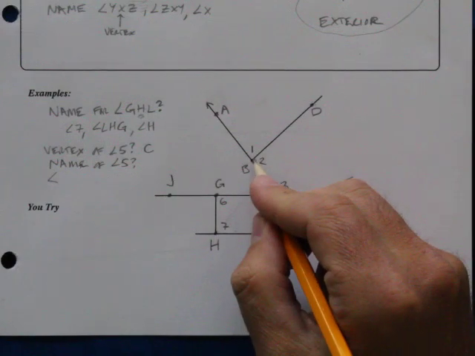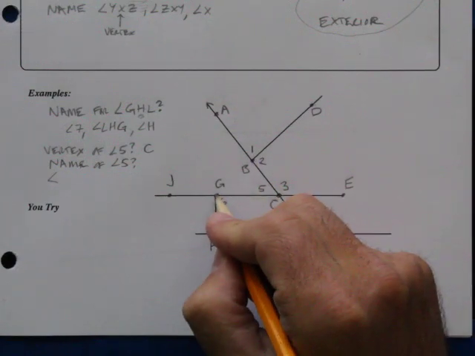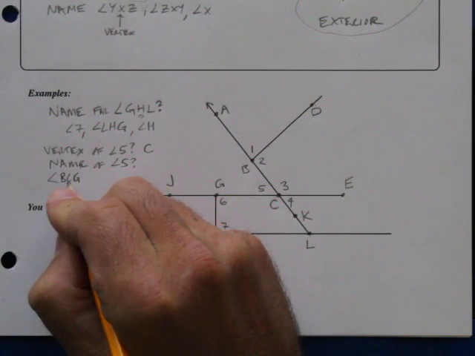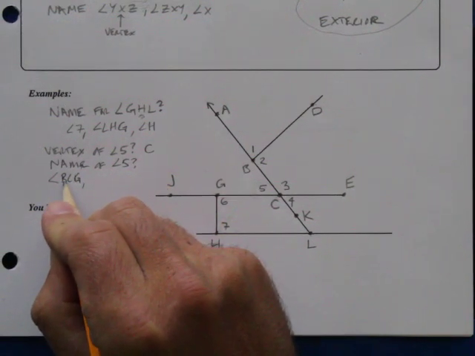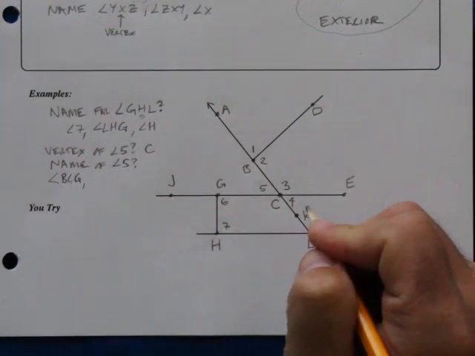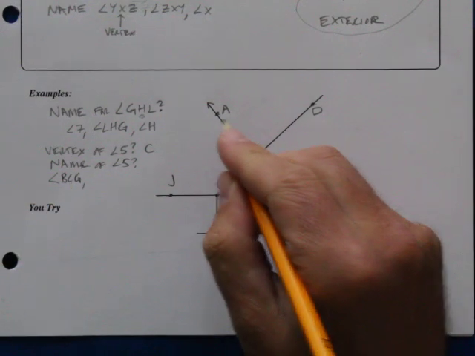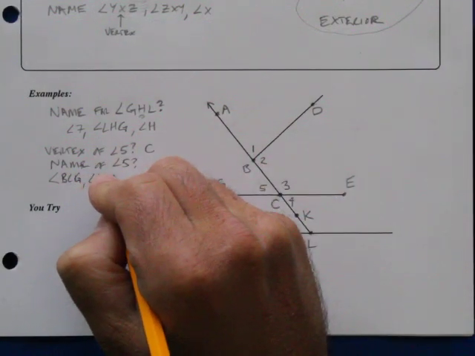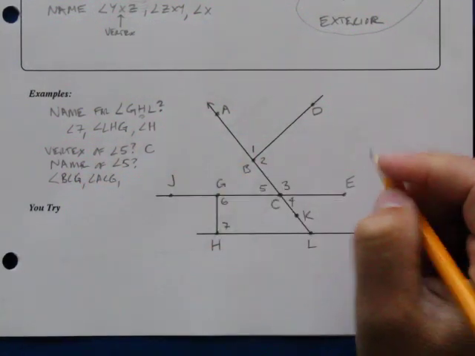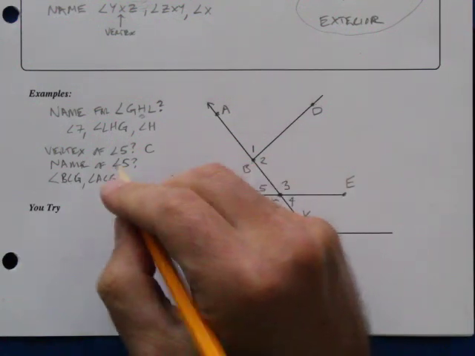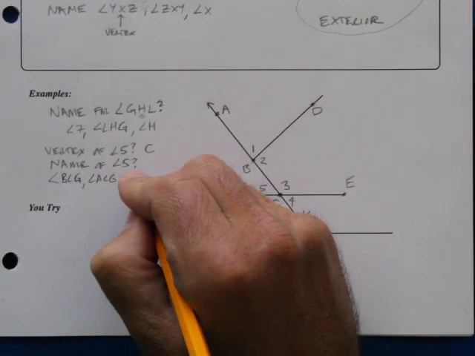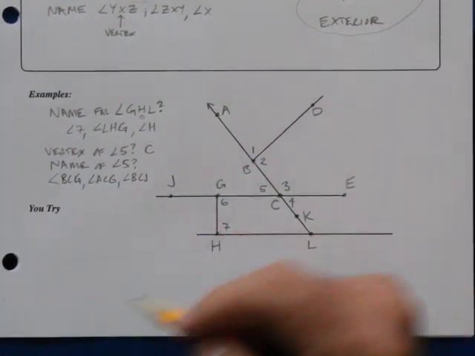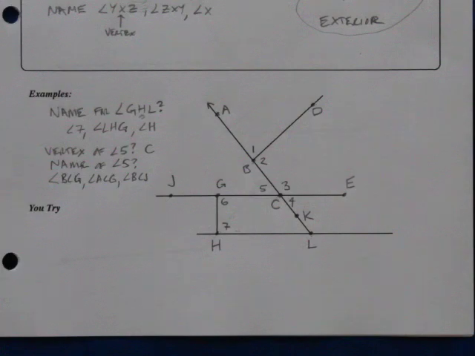Angle 5 could be BCG, angle BCG. Notice C is in between B and G, so you know that that's the vertex. It could also be ACG. It could also be BCJ. There probably are a couple other ones, but I think that's enough of that one.